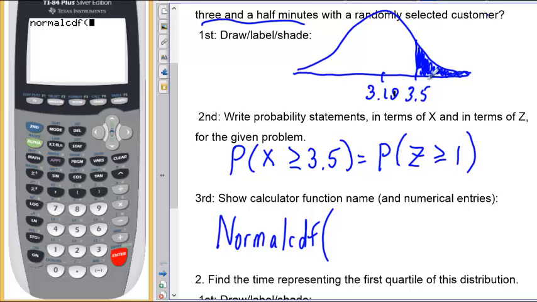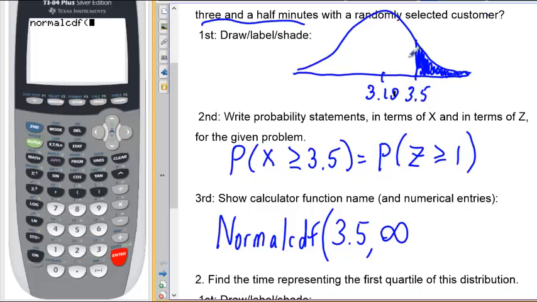It needs to know, looking back at our picture, from left to right, what is the region or the interval of interest? The leftmost point of interest is 3.5. So we're going to go from 3.5 to positive infinity. Leftmost point of interest, 3.5, all the way up to positive infinity.